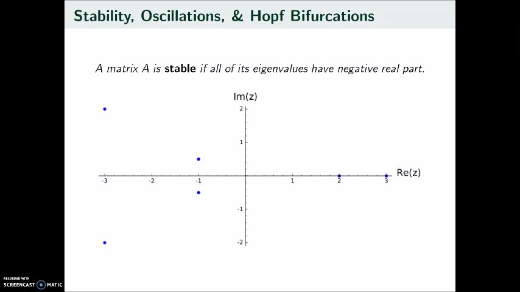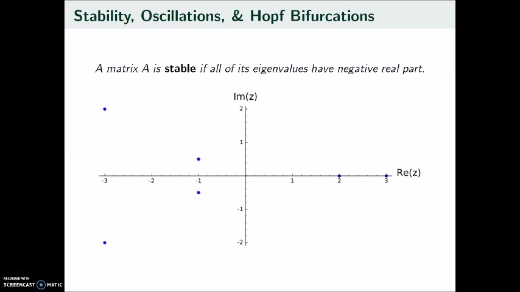Now, as I said, there's also an imaginary part, so eigenvalues can be complex. And here we have a complex grid, or a complex plane. You can see that we have the real part of the eigenvalue on the horizontal axis, and we have the imaginary part of the eigenvalue on the vertical axis.